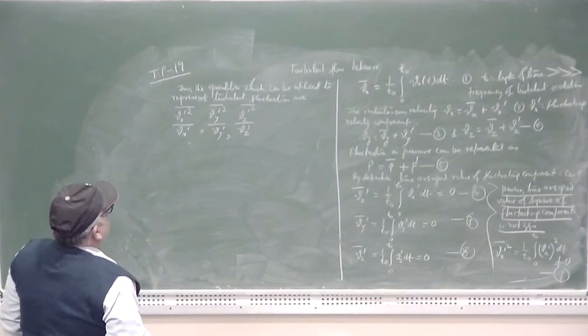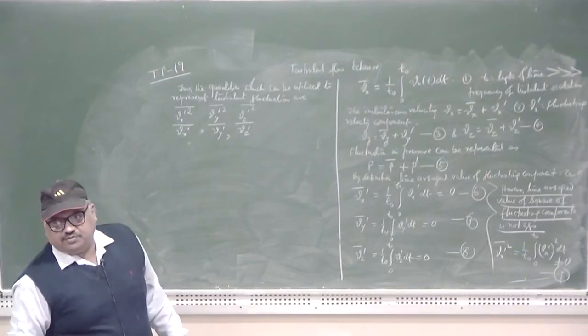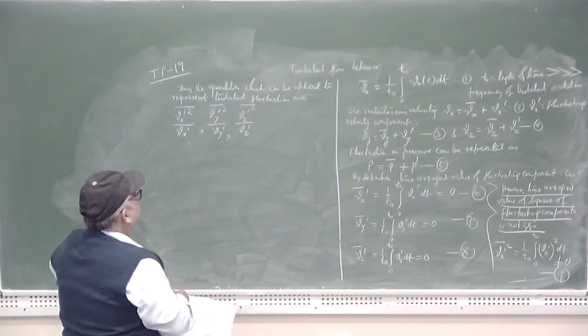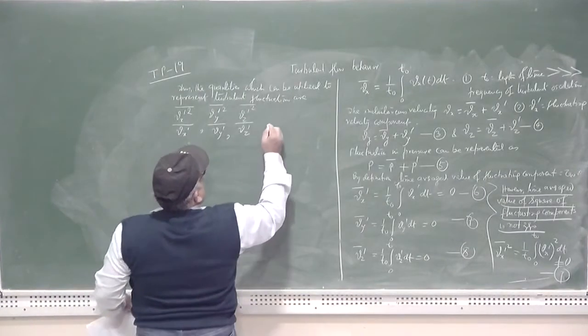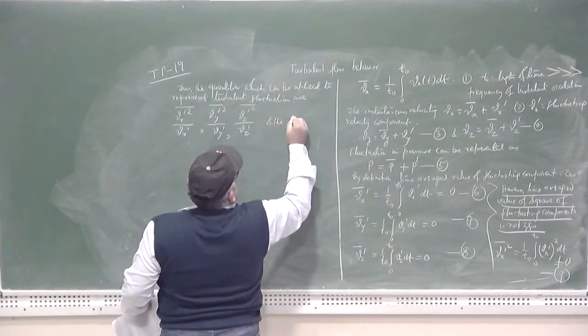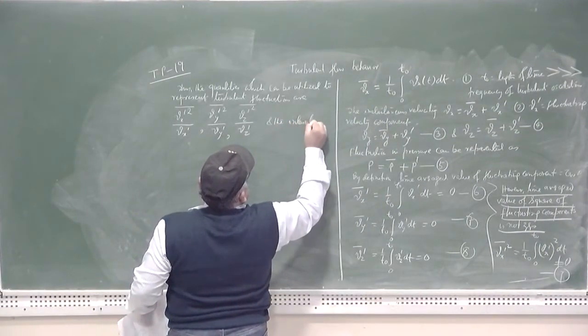These quantities can represent the turbulent fluctuation, and also the intensity of turbulence.